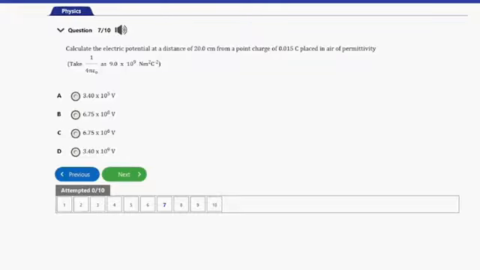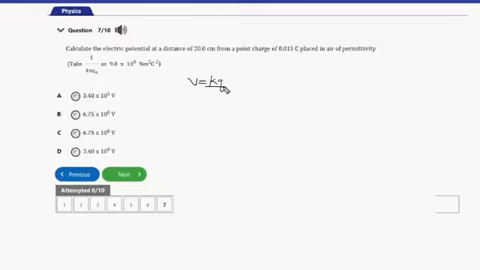So let's take note that this 1/4 pi E naught is actually the Coulomb constant here, and we're going to use it to solve using this simple equation. So V, which is the electric potential, is KQ over R. Where K is actually this Coulomb constant, which is 1/4 pi E naught.